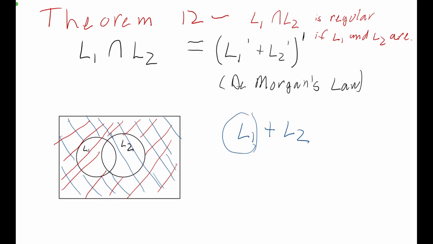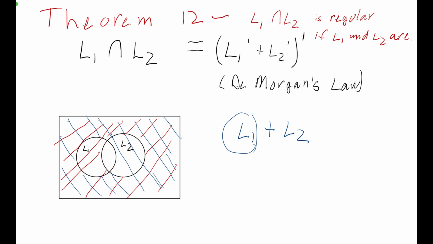And we took their final states and said, if it's a final state from this finite automata or this finite automata, then make it a final state. Well, in the new rule, to get the intersection, we make sure that it's a final state for the first one and the second one. So only states that contain the final state for both of these will become the new final state, and that will create a finite automata that just accepts the intersection.